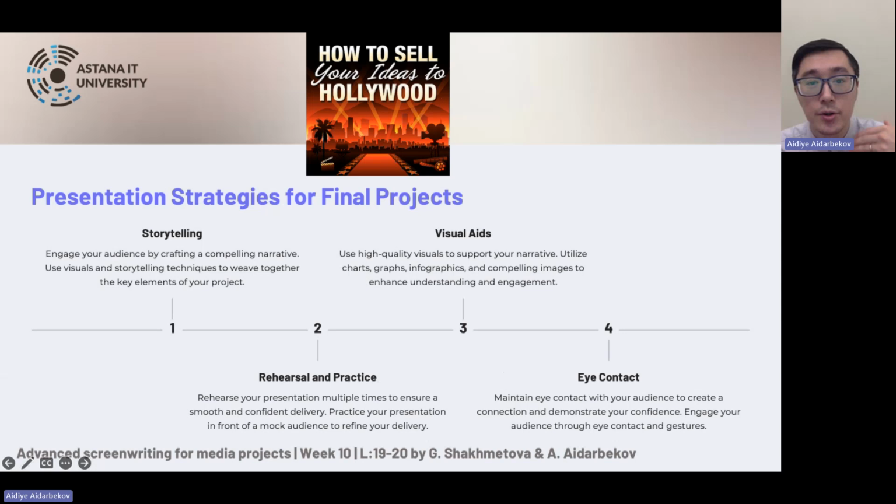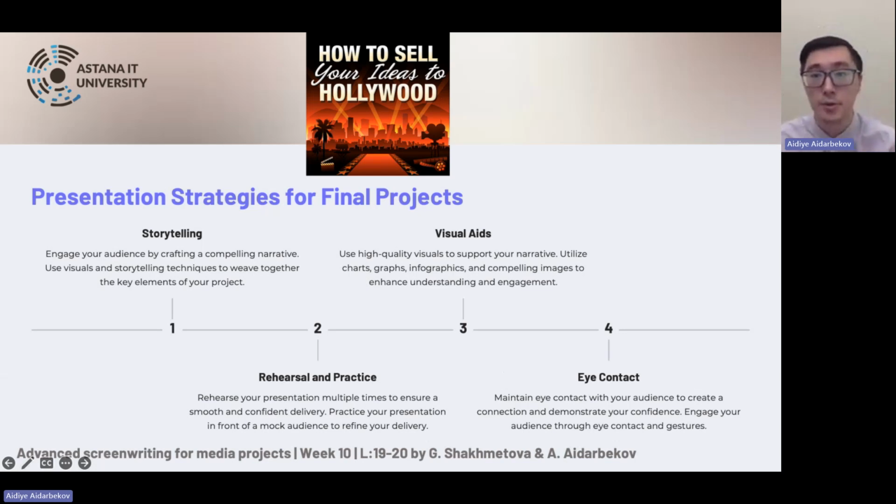Next one is visual aids. We need to use high quality visuals to support our narrative. We need to utilize charts, graphics, infographics, and compelling images to enhance understanding and engagement. But here again, sometimes even just one picture can help you deliver the ideas that are in your head.